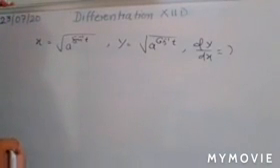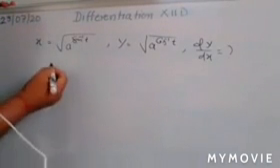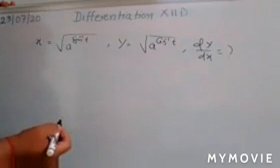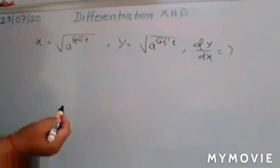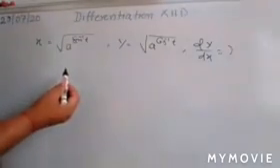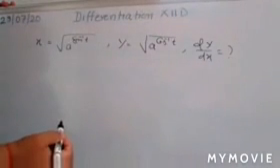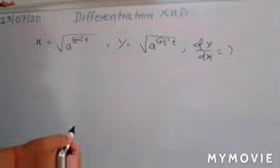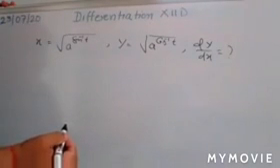So what you do in that case, here you take log, it gets simplified, and then you differentiate x with respect to t and y with respect to t, and in this way, by dividing them, you have the value of dy by dx.